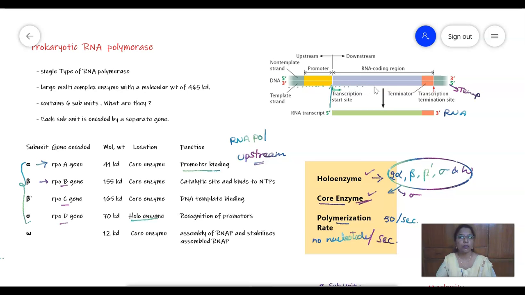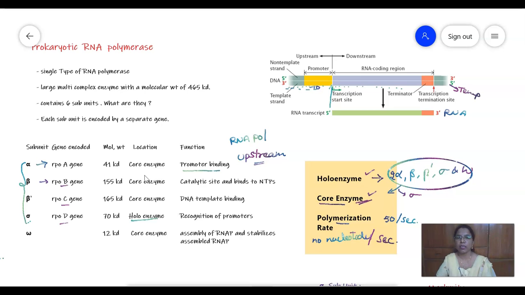The sequences towards the right are called downstream sequences. Upstream sequences are indicated by negative numbers: -1, -2, -3, -10, like that. The promoter sequences are present upstream, and there are two types of promoter sequences which we will see later, one at -10 and one at -35.